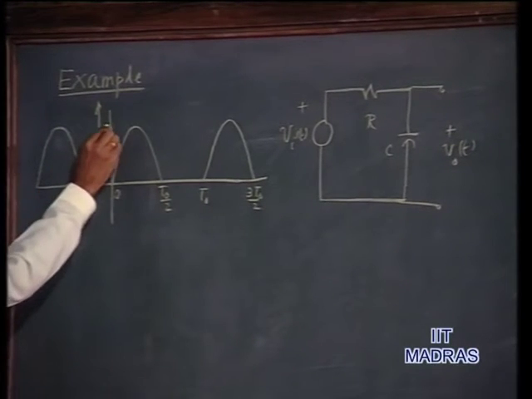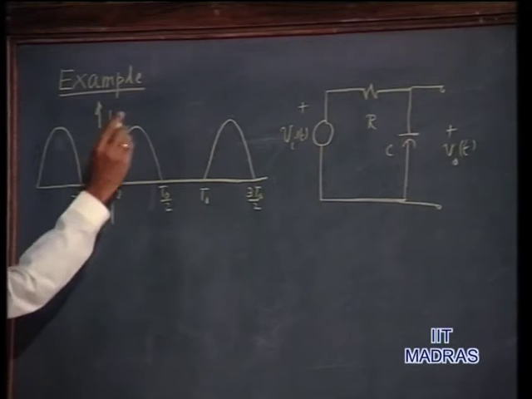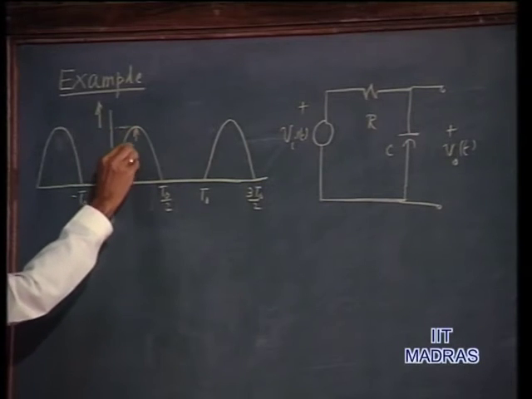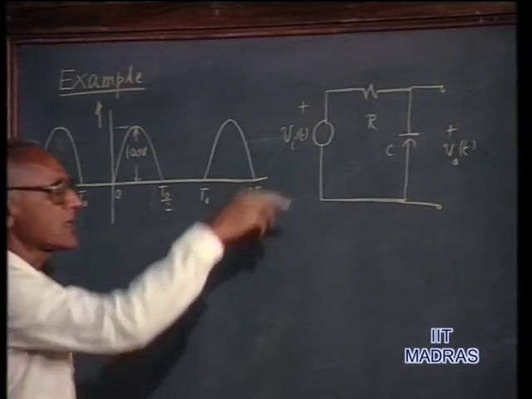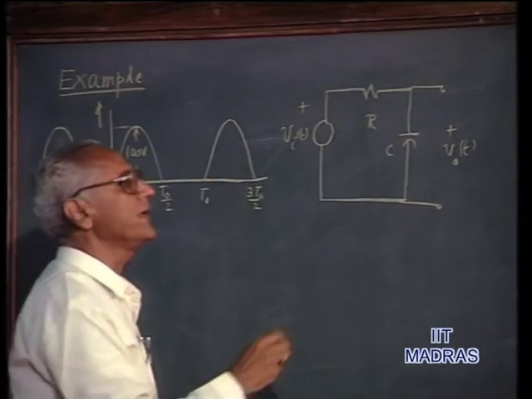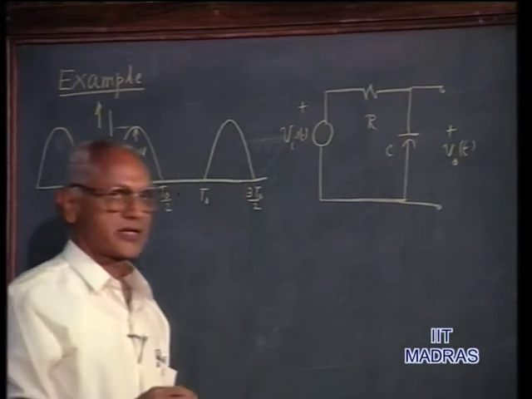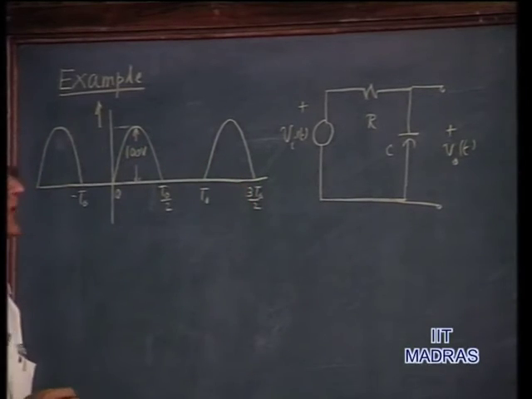So we will imagine that the peak value of this half wave rectified sine wave is 100 volts. Now this voltage is applied across the RC circuit, and we are interested in finding out the significant harmonics both at the input and the output voltage.